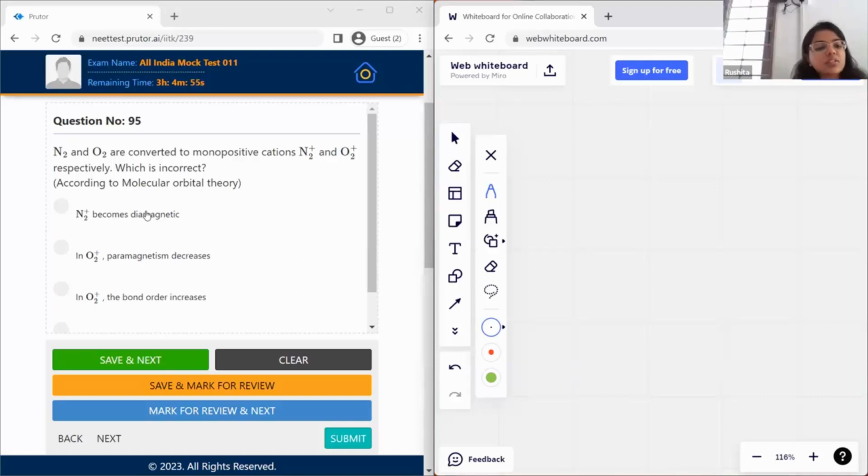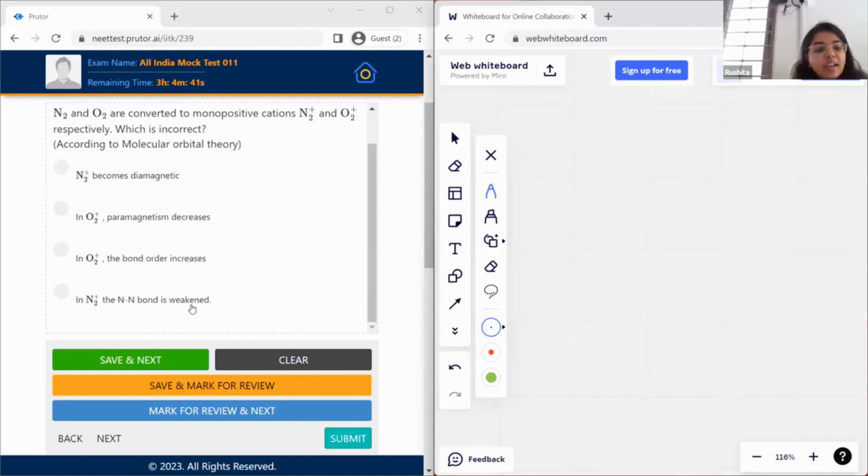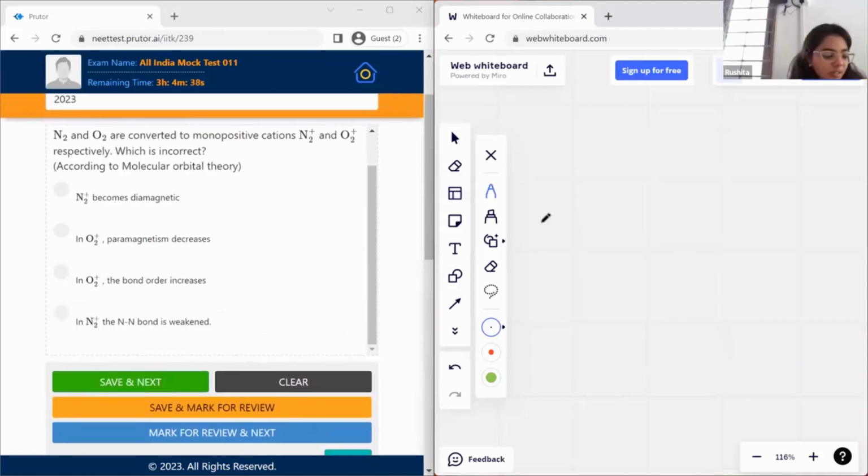If you draw the structure of N2 plus, the number of orbitals filled would make it paramagnetic. So this is wrong. There's also a formula for bond order: the number of electrons in the bonding orbitals minus the number of electrons in the anti-bonding orbitals, upon 2. That way also, N2 will become paramagnetic. So the first one is incorrect here.